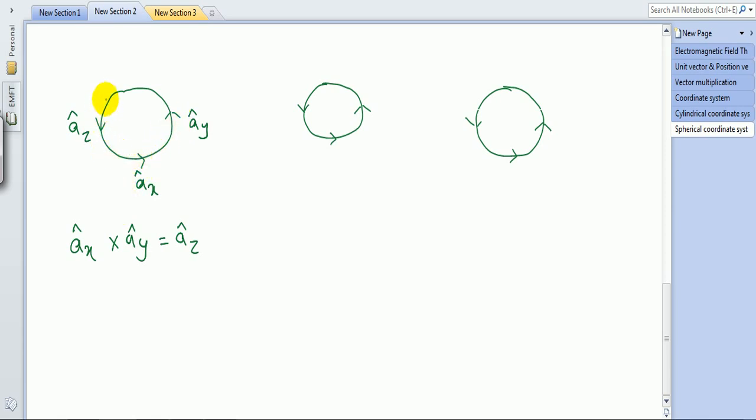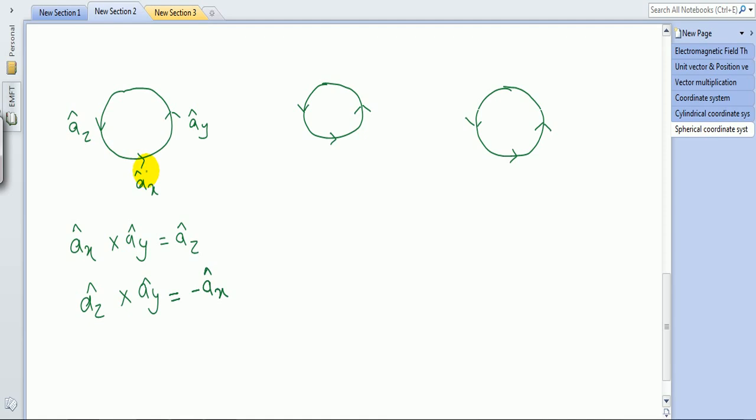And if I go in the opposite direction, that is the clockwise direction, suppose I am taking az cap cross ay cap, then it will be minus ax cap, because the system we use is the right hand circular system. That is, if we curl the fingers of our right hand, we will get the respective unit vector, like az cross ax will get you ay, and ay cross az will get you ax.